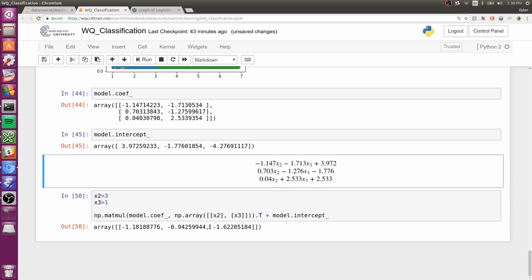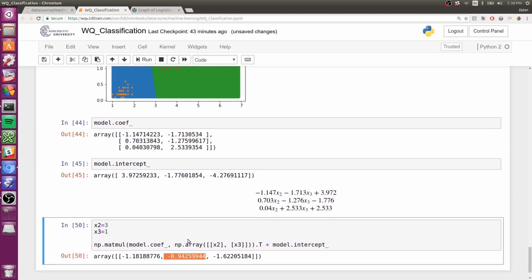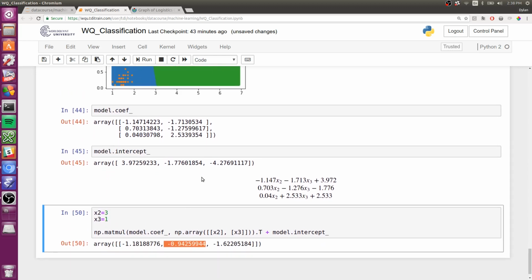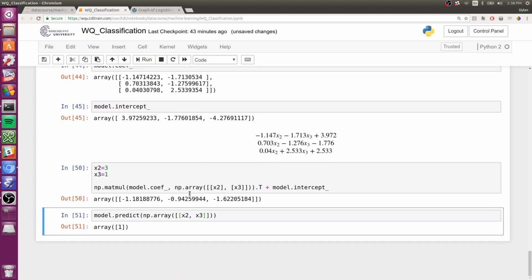And we see the largest value is this second category. In fact, if we predict, we get back the second category, this one.